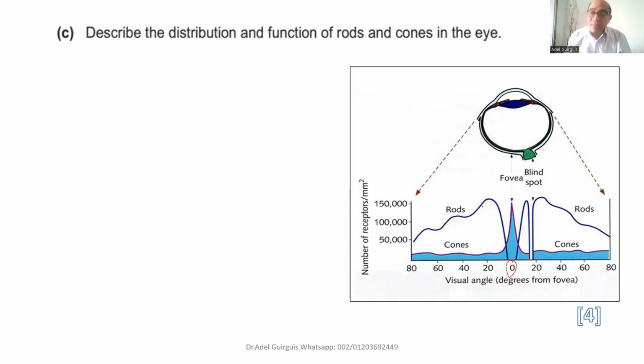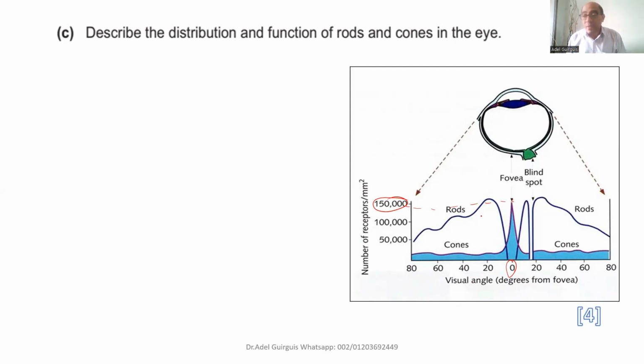At the fovea, cones accumulate in a high concentration. Look, the maximum number of cones is found at the area of the fovea. There are no rods at the fovea; all the light receptors, the photoreceptors, are cones at the fovea.